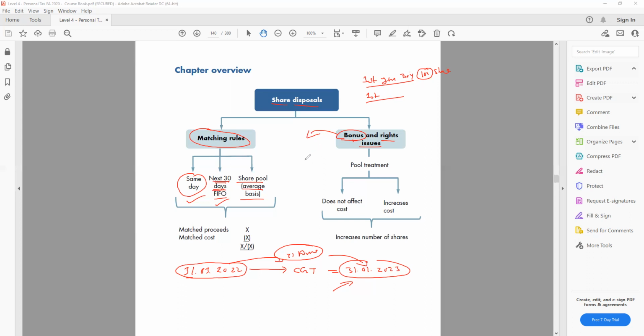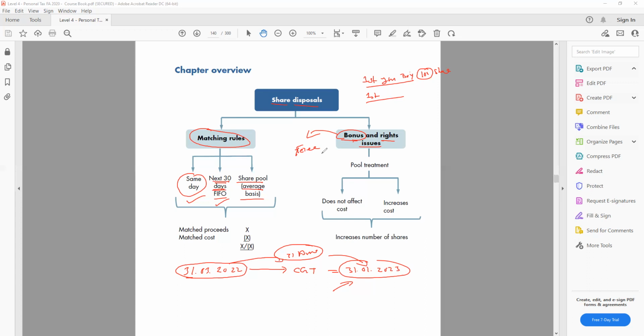We don't pay any money to the company because of the bonus issue. Bonus is like a free share. Free share means I only receive the share, or I only issue the share, but I don't raise any cost because no one pays for that.